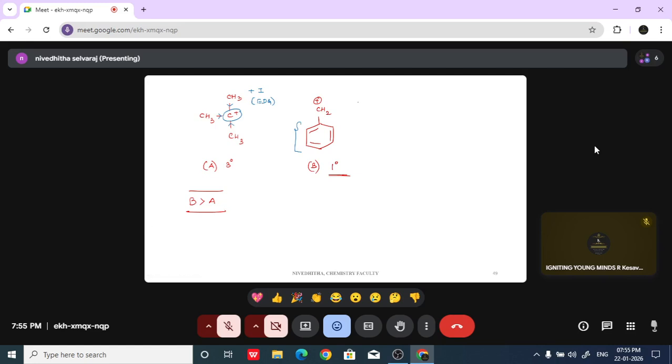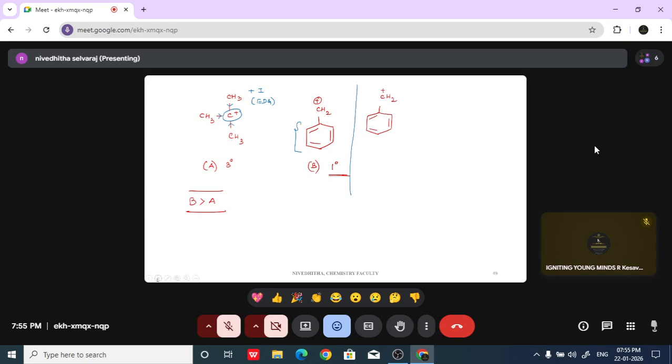Listen here. Kana, listen, Kana. This is very important, and you guys have to know how to write these structures. Listen carefully. This is benzene, and this benzene ring is attached with this carbocation. We know positively charged carbon is an electron deficient carbon.